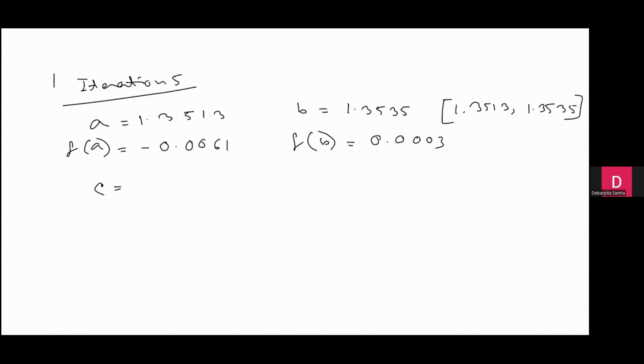C is a minus f of a into b minus a divided by f of b minus f of a. Okay.